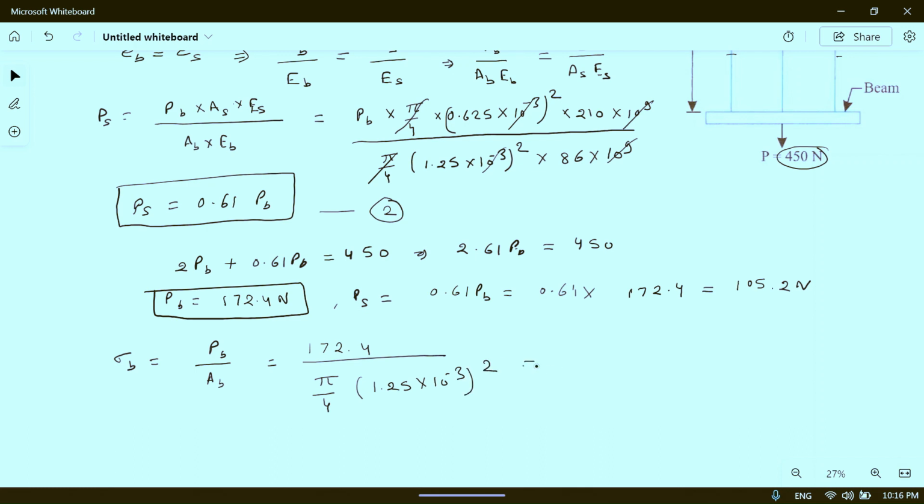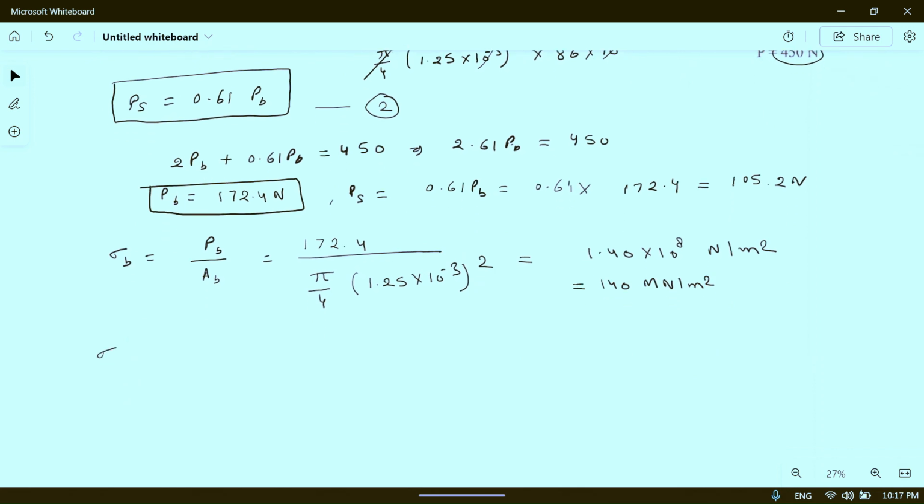So it will be equal to 1.40 into 10 to the power 8 Newton per meter square, or 140 mega Newton per meter square.